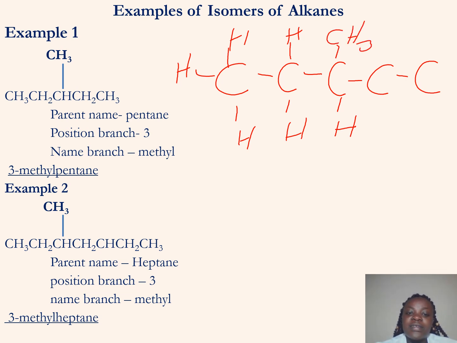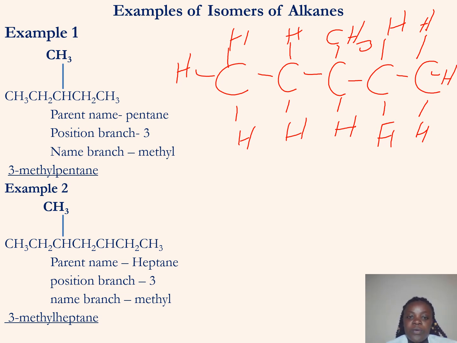So we have CH3 at carbon number 3, that is a branch. Then carbon number 4, we have a hydrogen and a hydrogen, and we have 3 hydrogens in carbon number 5. So if we have opened our structure like this, it will be easier for us to name it.